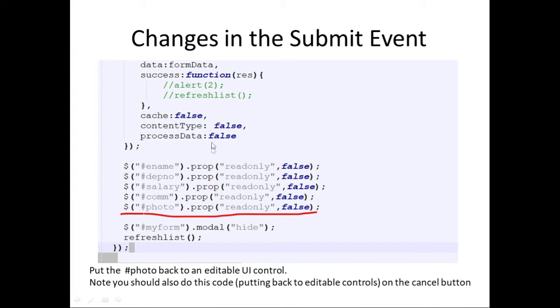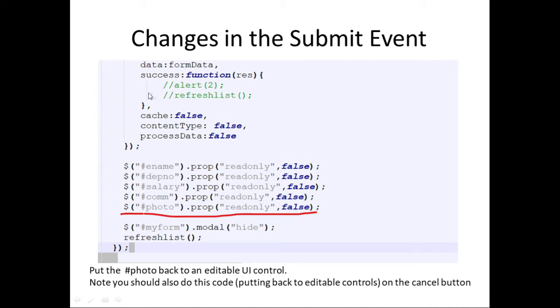And changes in the submit event. Once we click submit, we added this one. Again, the photo is the control which we can use to select the image. Especially if you delete a particular record, you notice that we have turned this into true.